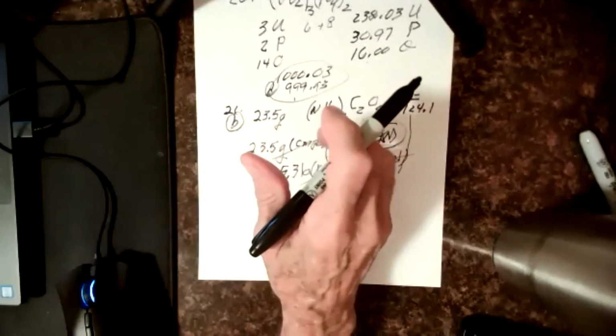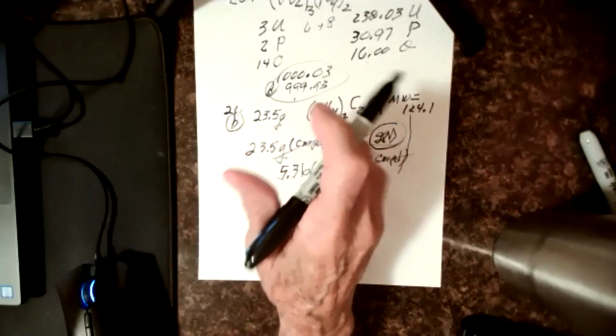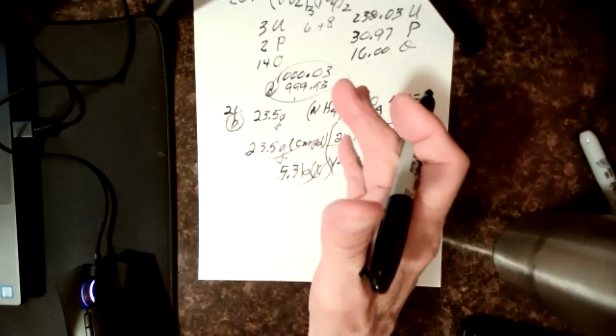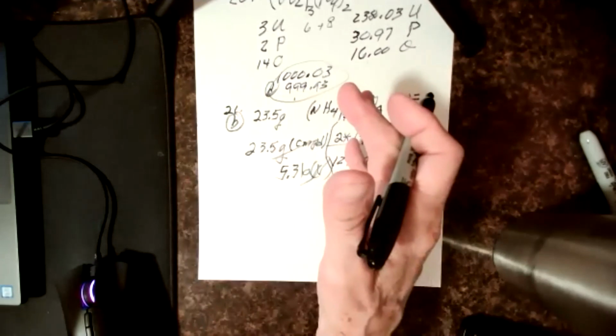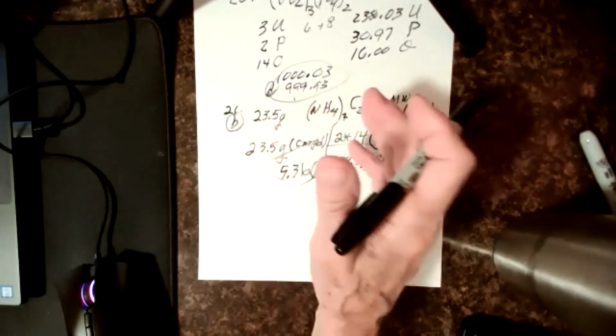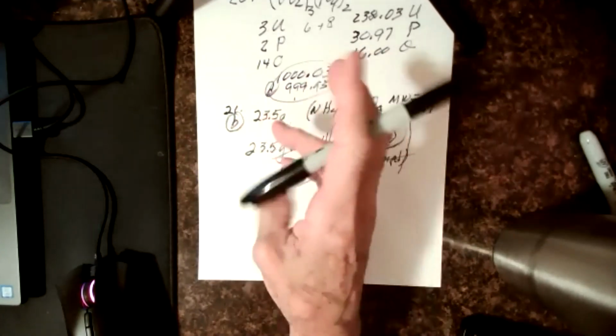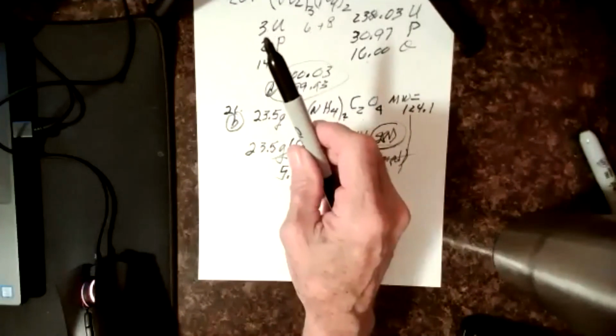If I told you convert 23.5 inches into centimeters, you'd work it this way. So this stuff works the same way. Just because we're using chemical stuff doesn't make it any different or any harder or any easier than doing the conversions of masses or volumes.